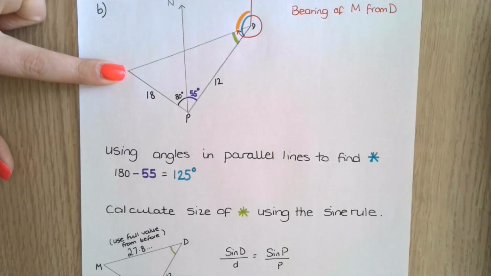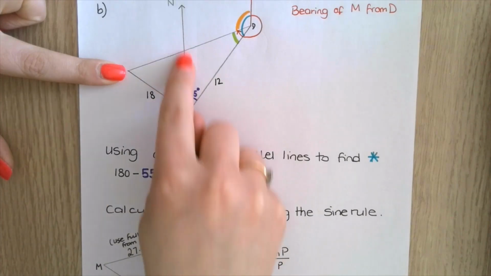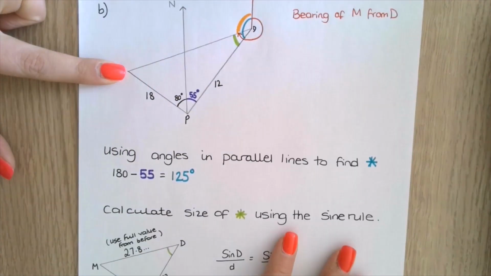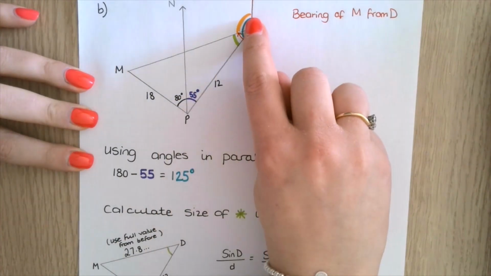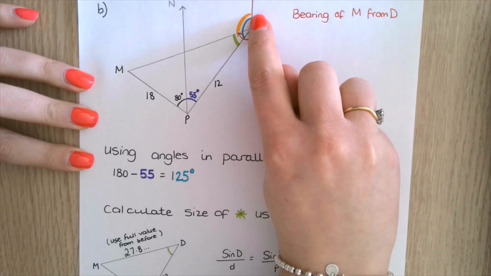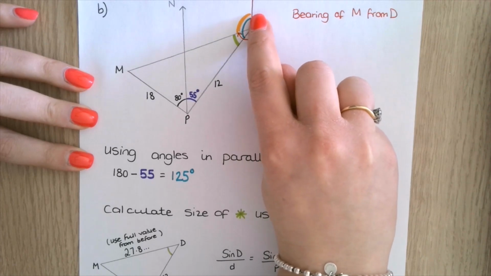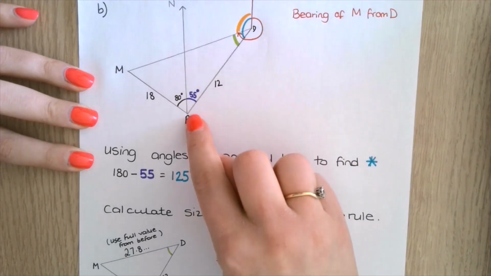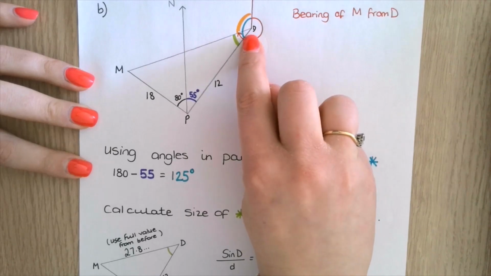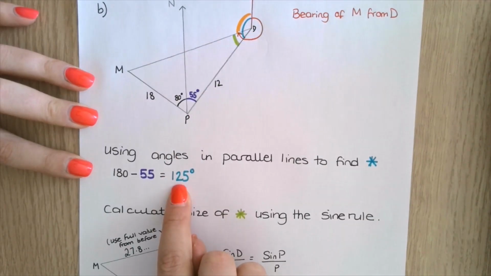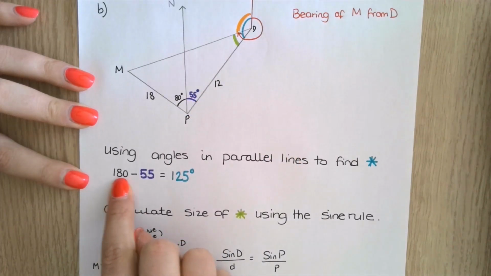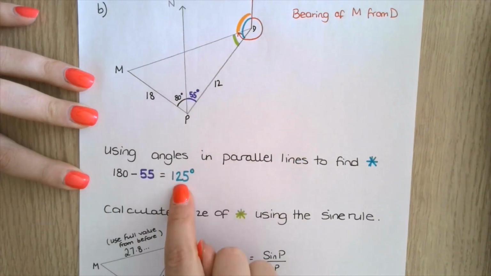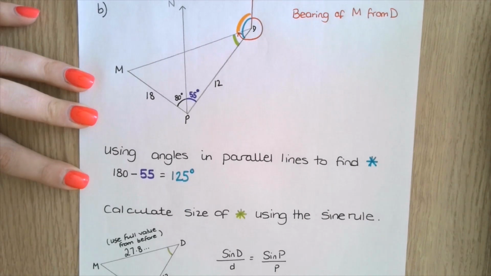So using my angles in parallel lines, because these north lines are parallel, I know that this is 55 degrees, and therefore this blue bit here, which takes me from the top of my north line all the way around to the line where Darling Dave is, I know that's 125 because these are co-interior angles, and therefore 180 take away the 55 leaves me with 125.